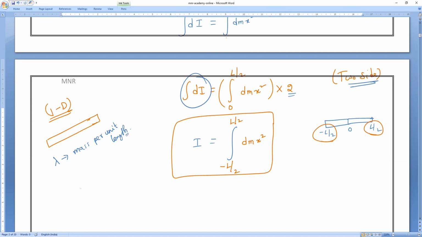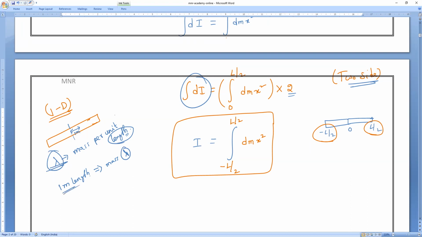Now, from the center of mass, if I take, for example, 1 meter distance, can you tell me, Mr. Rudreswar, what is the mass of that particular length? Mass per unit length, I am saying. If I take 1 meter length, what is the mass? Anybody? Pradosh? Mass is lambda. Unit means 1.